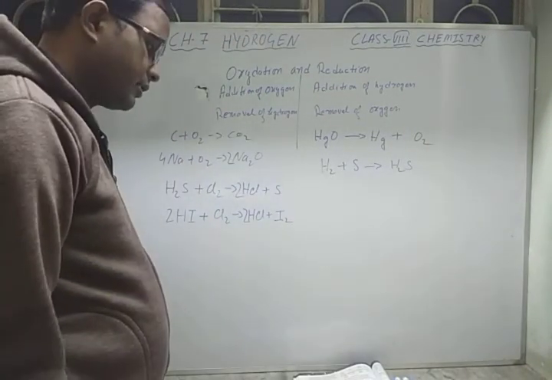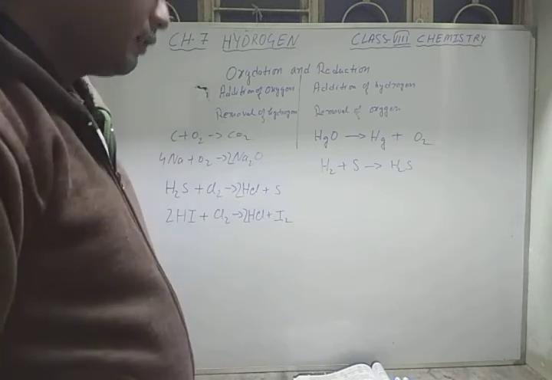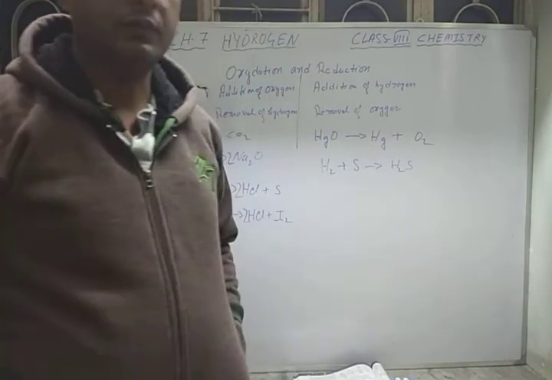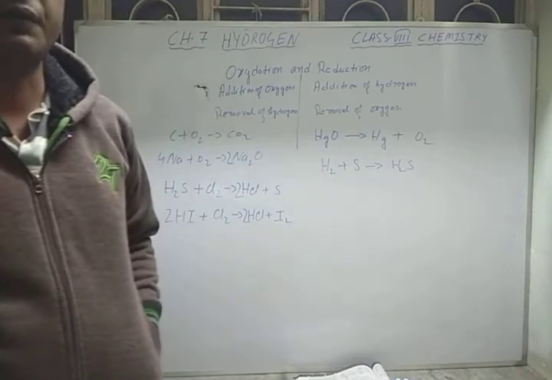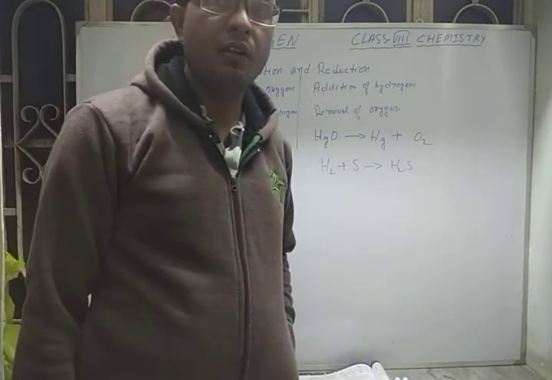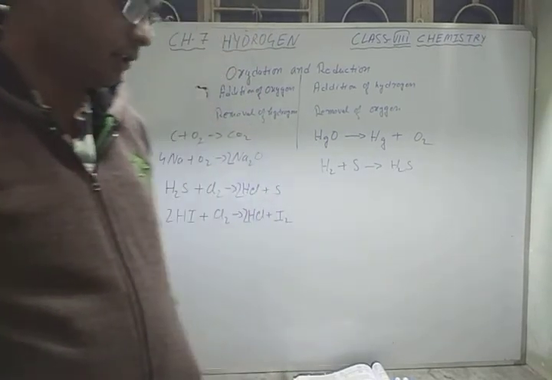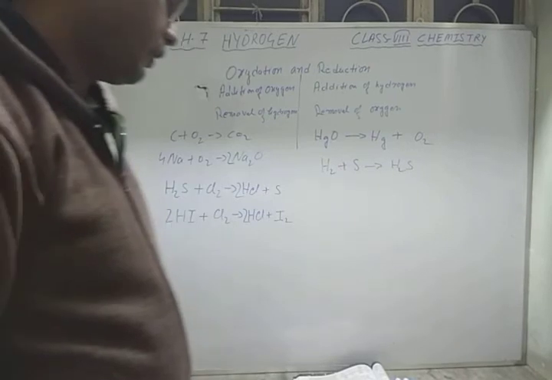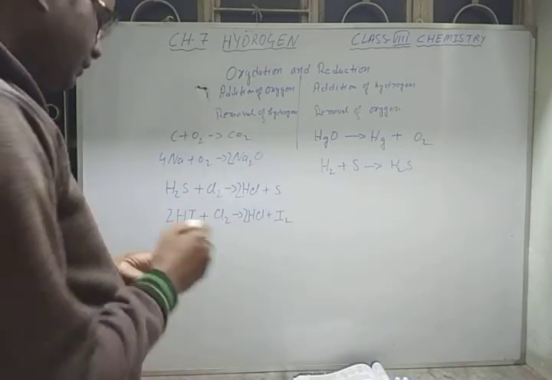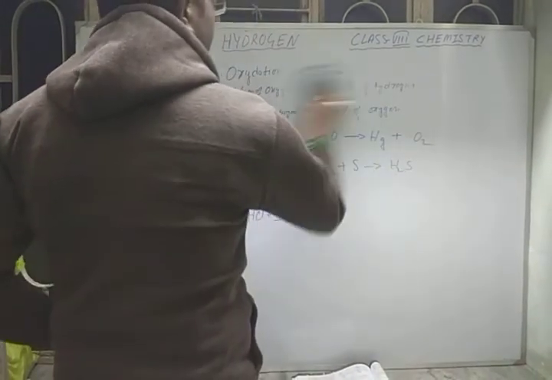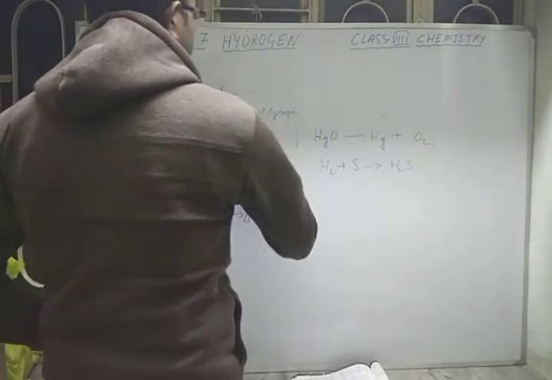Those types of reactions are called redox reactions, meaning the simultaneous happening of reduction and oxidation in a single reaction. Half reduction, half oxidation makes a redox reaction. So we will now see a few examples to understand the redox reaction.